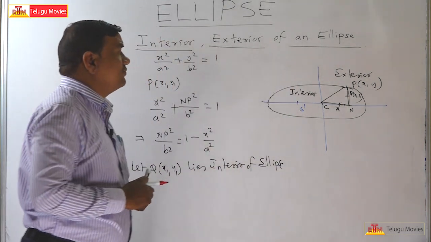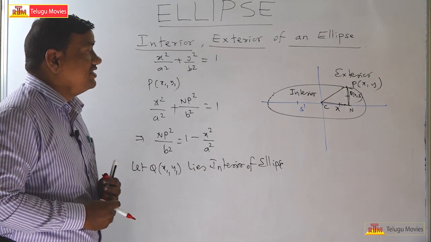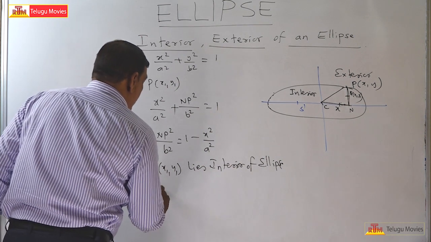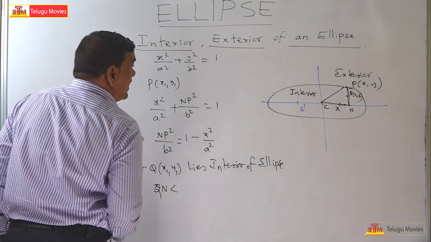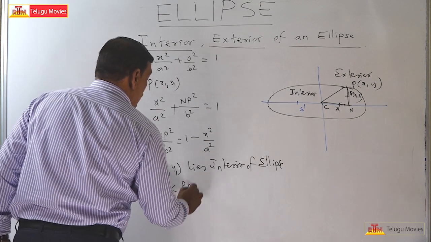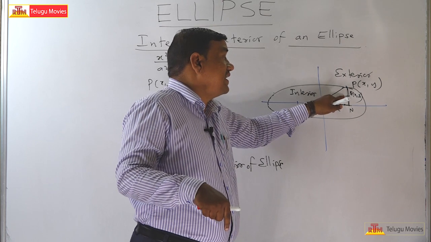From the diagram, it is very easy to say that QN is less than PN, since Q lies inside the ellipse.